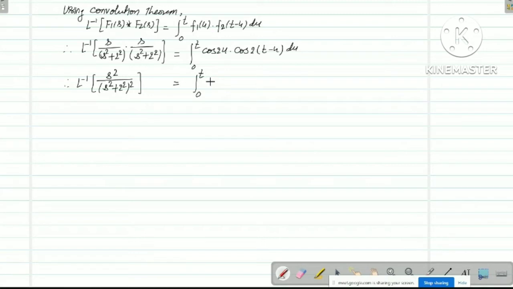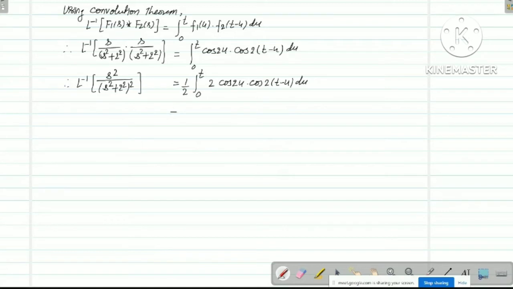Here I am multiplying by 2 and dividing by 2, so this integral becomes 1 by 2 integration with limit 0 to t of 2 times cos 2u into cos 2 times (t minus u) du.